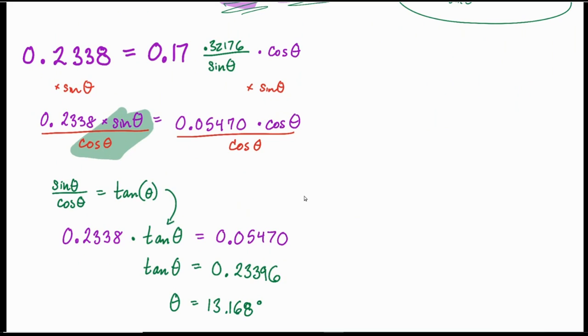That's where this came from: I took this sine over cosine and turned it into a tangent. Then I just divided both sides by 0.2338, and I got 0.23396. Took the inverse tangent of both sides and got an angle of 13.168 degrees.